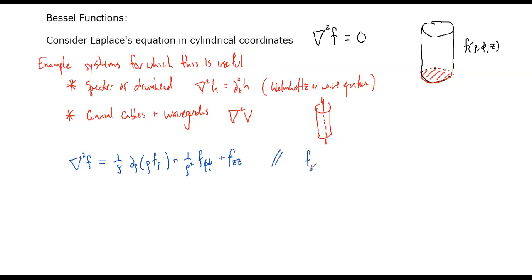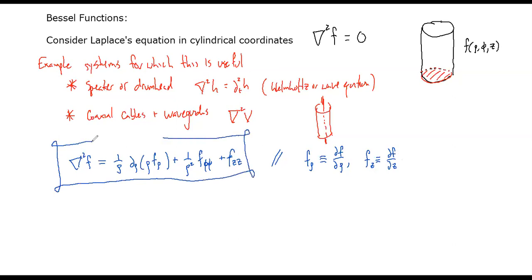So f sub rho, for instance, the only thing that could mean is partial f with respect to rho. And f sub z, the only thing that could mean is partial f with respect to z, because again, it's a scalar function. Okay, so here's the thing that we want to solve and find solutions of.